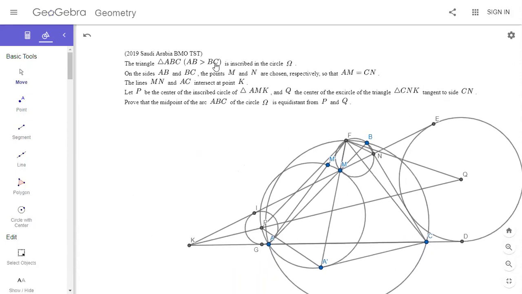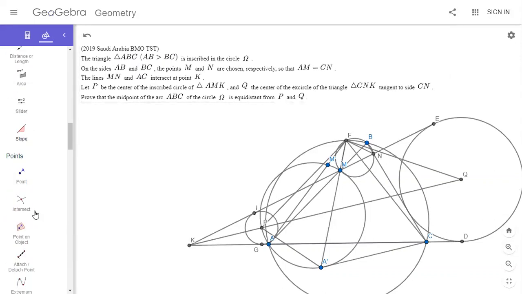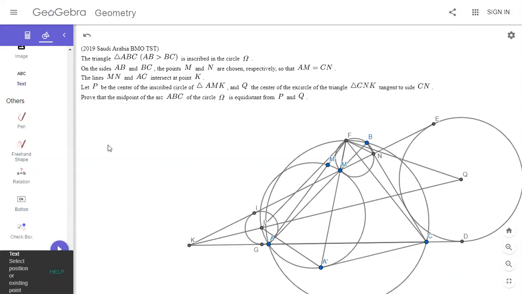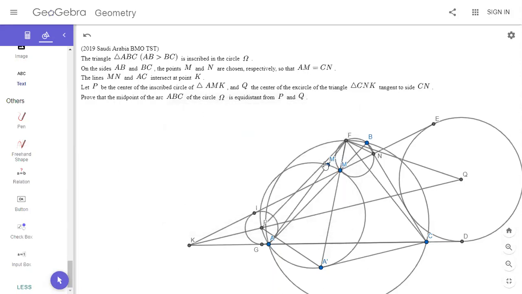I'm probably going to, the text is going to cover up the diagram, but oh well. Okay, so F is the midpoint of arc. Right, I'll start out by defining M prime and A prime.